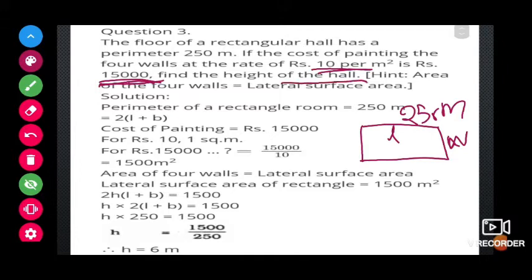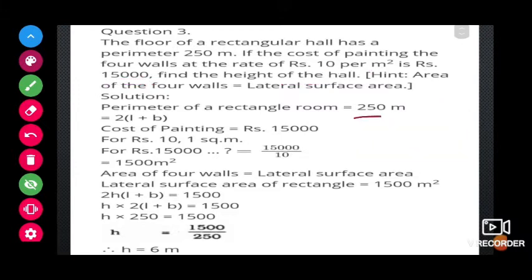Now, children, first see what is the first condition they have given. 2 into L plus B is nothing but the perimeter of the ground, that is the floor. How can we find the perimeter of a rectangle? 2 into L plus B, which they gave as 250 meters. And the cost of painting is 15,000 at 10 rupees per 1 square meter.